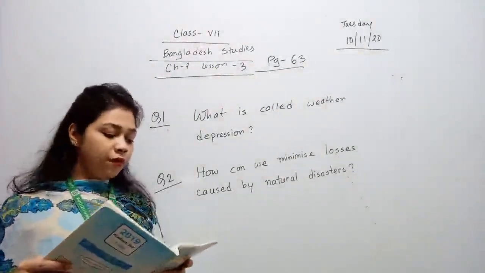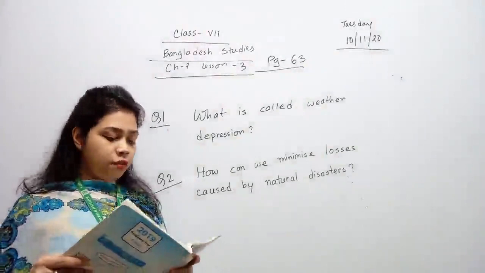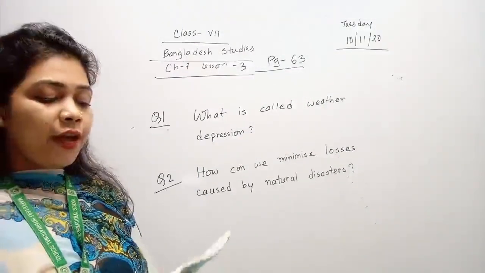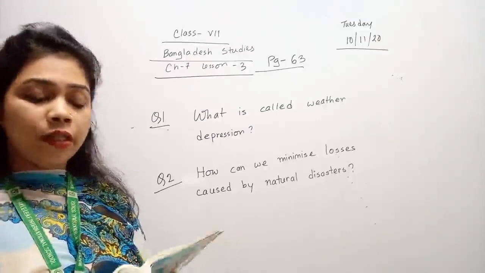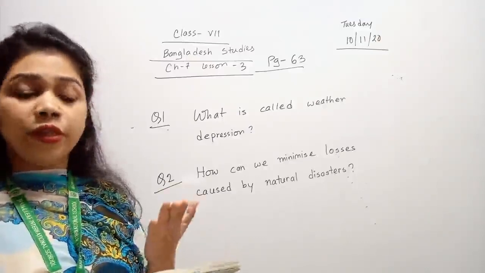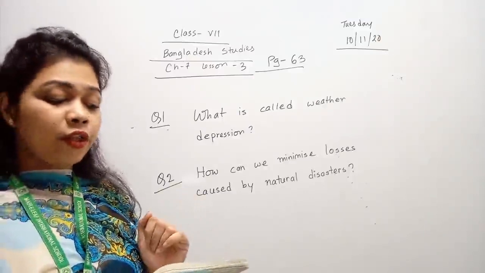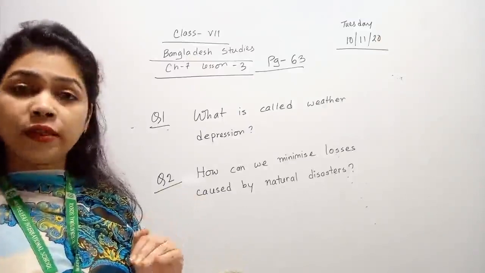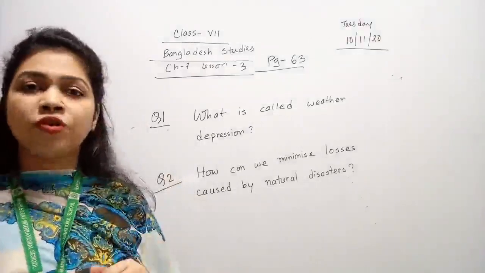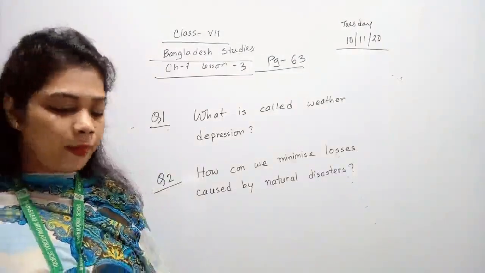Cyclone and tidal wave. There is the first line, 3.1, first line. When the air of Earth's surface of a particular place becomes too hot, it blows upwards. As a result, air pressure of that place grows less. This is called weather depression. Don't write only depression, okay?